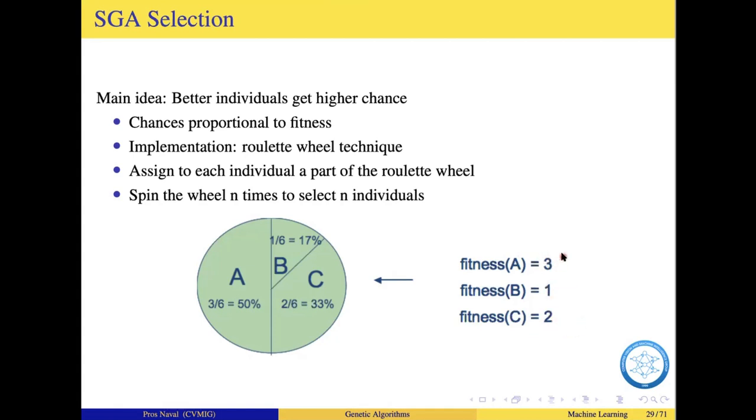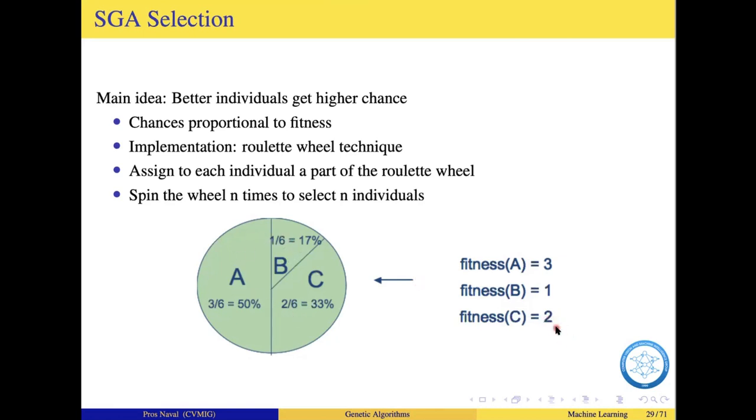So individual A will get 3 out of 6, that's 50% of the entire wheel, while individual B will occupy 1 over 6, or 17% of the roulette wheel.